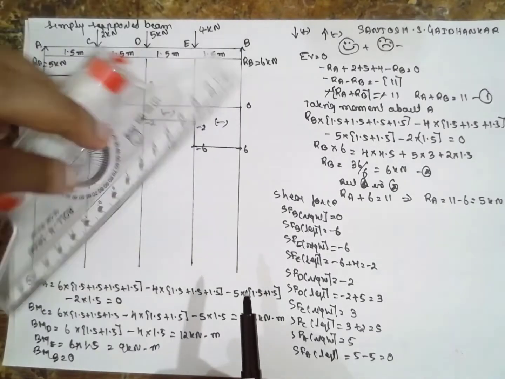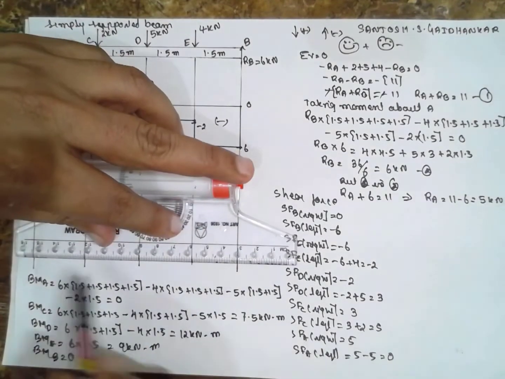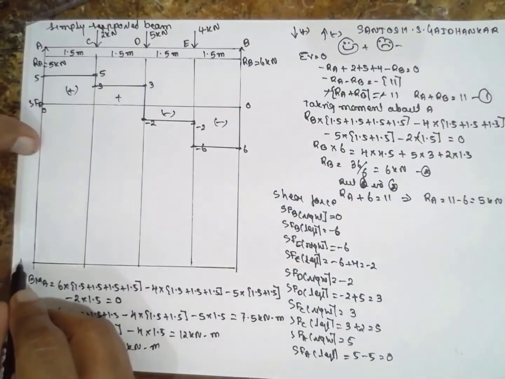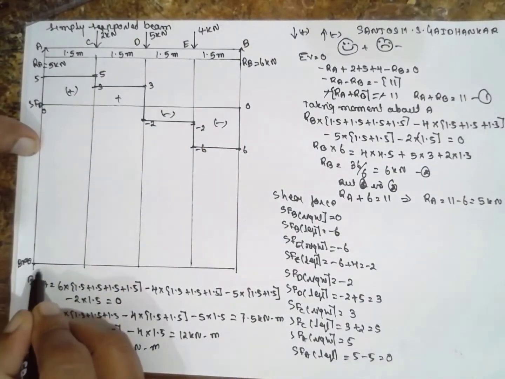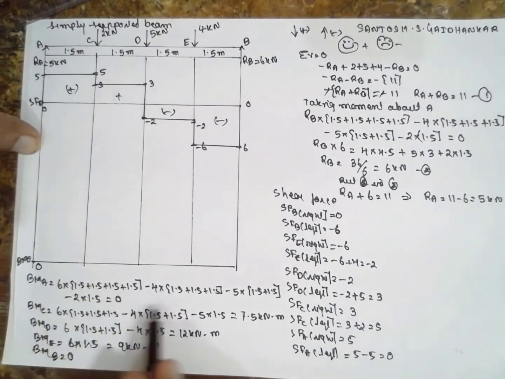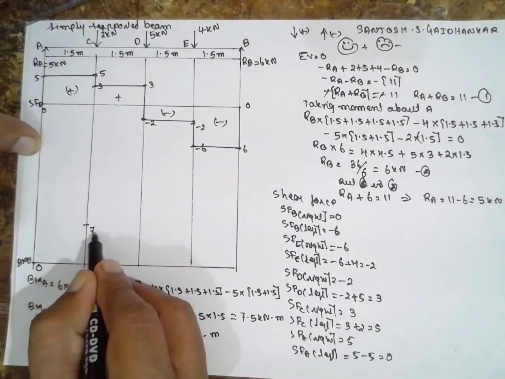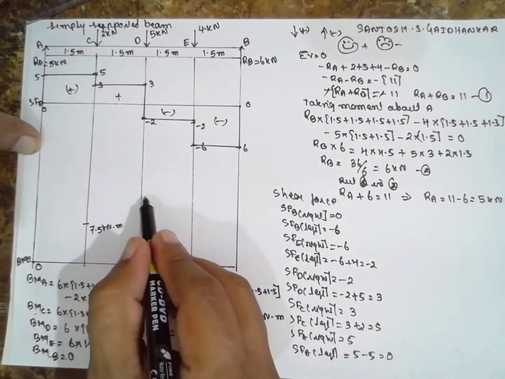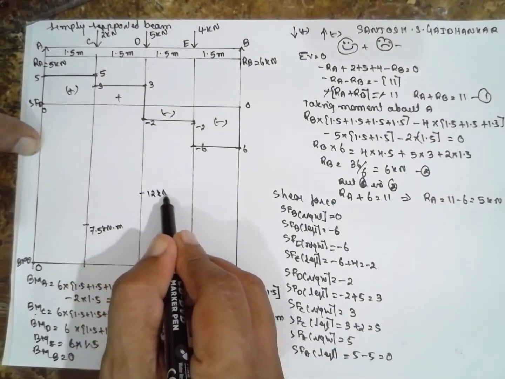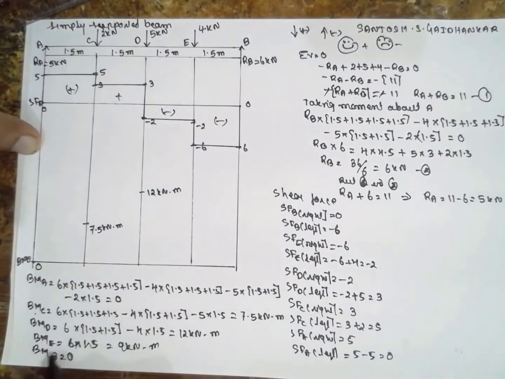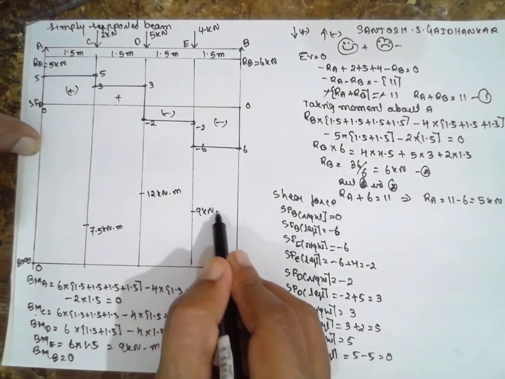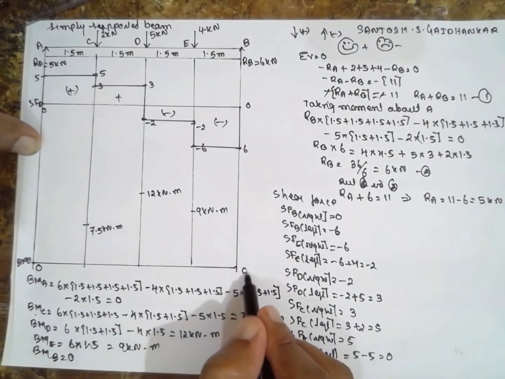Now I am drawing the bending moment diagram. Everything is positive here, therefore above is positive and below will be negative. BMD: first is 0, next C will be 7.5 kilonewton meter, D will be 12 kilonewton meter, E will be 9 kilonewton meter, and then 0.